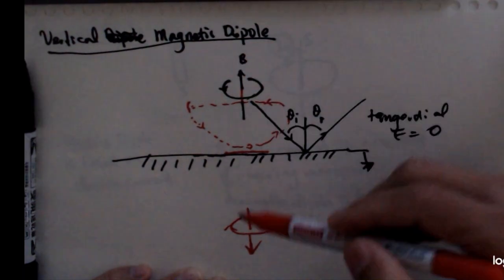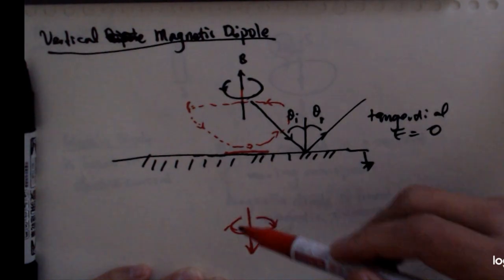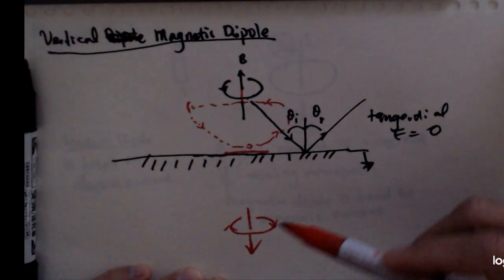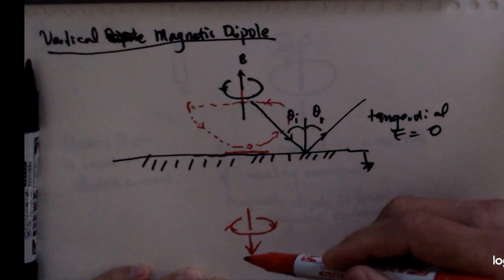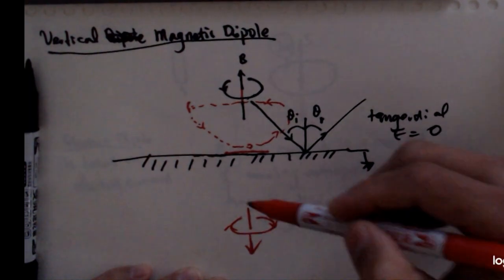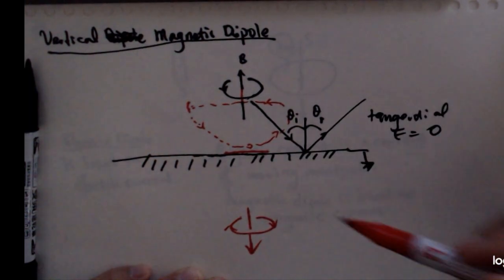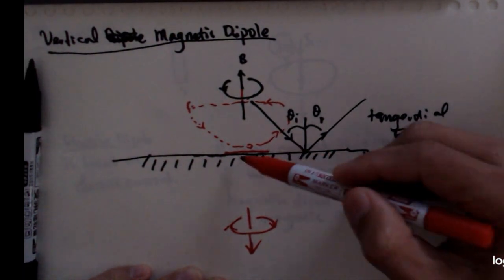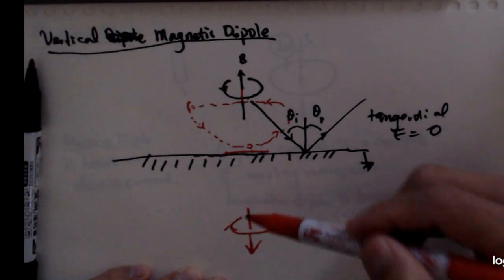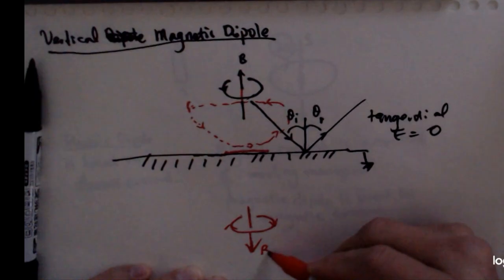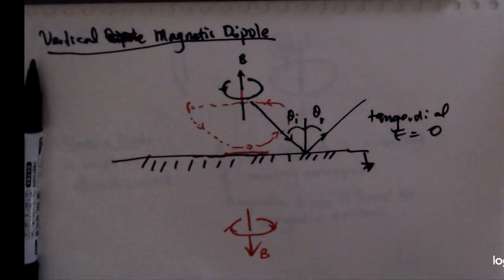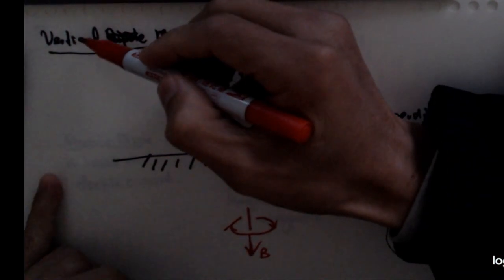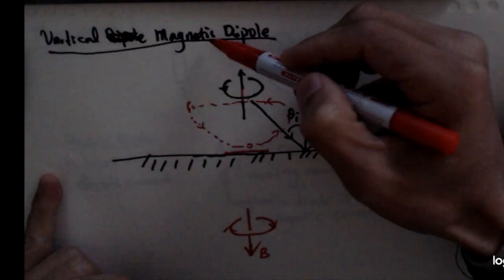In the image, we expect the current loop to have current flowing in the opposite direction in a way that it cancels off the tangential electric field. And in this case, the B field is pointing downwards. So we have examined the case of vertical magnetic dipole.